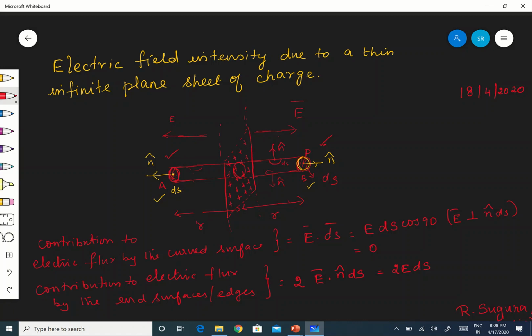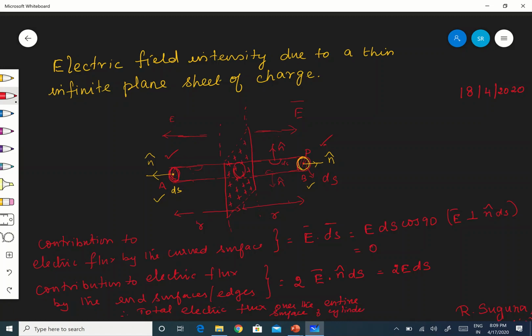Therefore, what is the total flux here? Total flux here is nothing but the total electric flux over the entire surface of the cylinder.